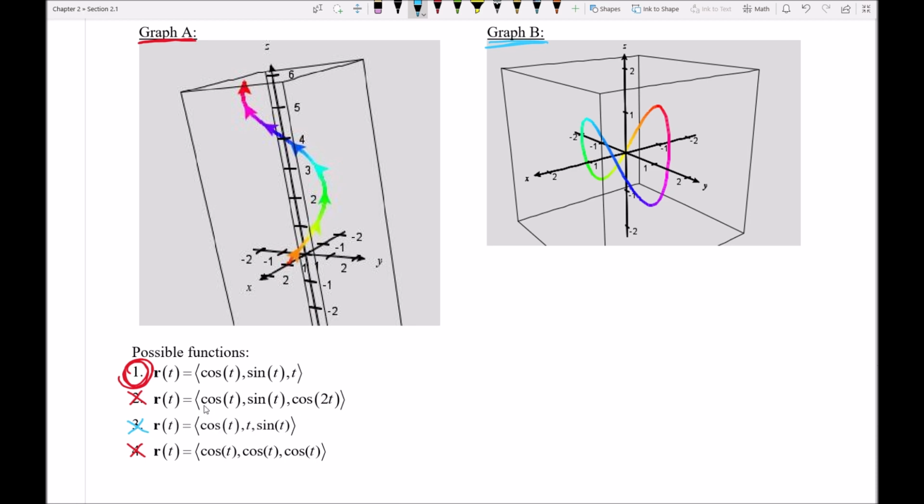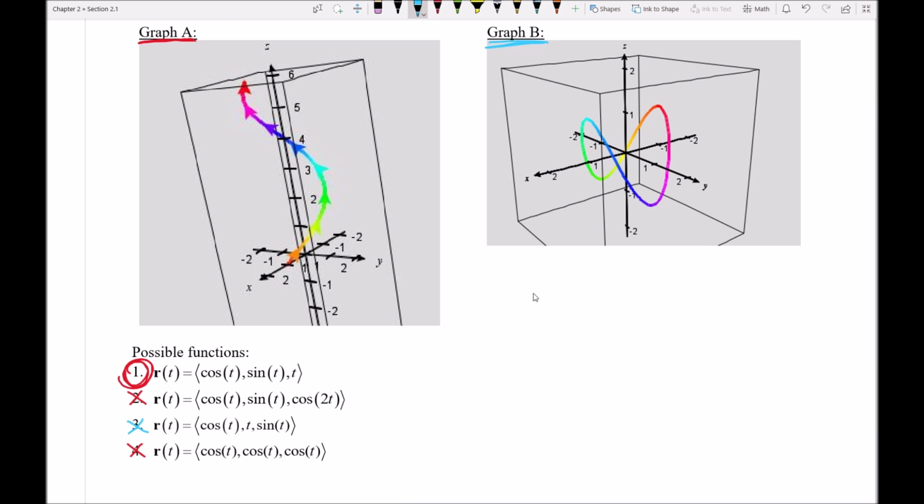Now for the other functions that I have here, that is functions number 2 and 4, maybe those do work for graph B. If I wasn't sure which of those might work, one thing I could always do is attempt to plot a point on these functions and see which one actually matches up with the graph that I have.